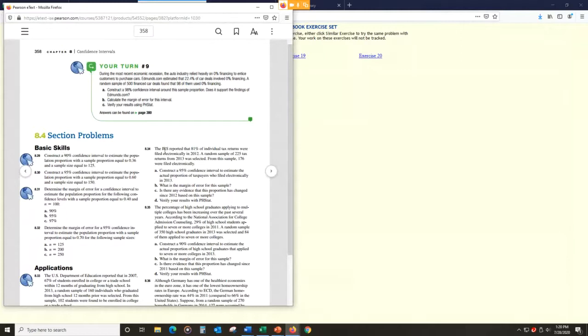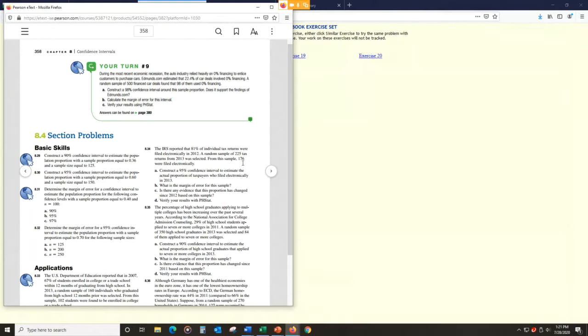Now let's do another one where you are given a different setup. Number 34 says the IRS reported that 81% of individual tax returns were filed electronically in 2012. A random sample of 225 tax returns from 2013 was selected. From this sample, 176 were filed electronically. Notice here, this 176 is your number of successes.